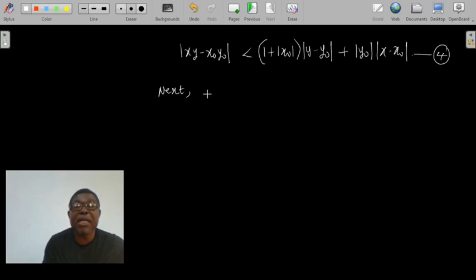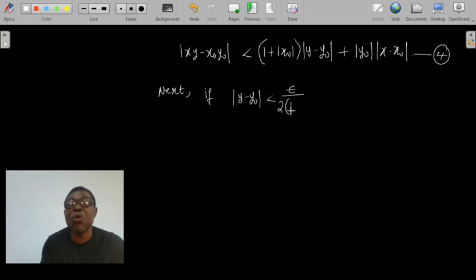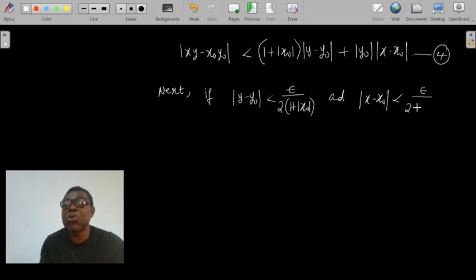We will see that if the absolute value of y minus y naught is less than epsilon over 2 times 1 plus the absolute value of x naught, and then the absolute value of x minus x naught is less than epsilon over 2 times 1 plus the absolute value of y naught.